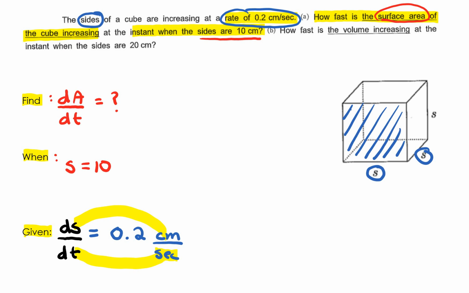So your surface area expression is A equals 6 times s squared. Remember, s squared is the surface area for one side, and then you have 6 of them in total.